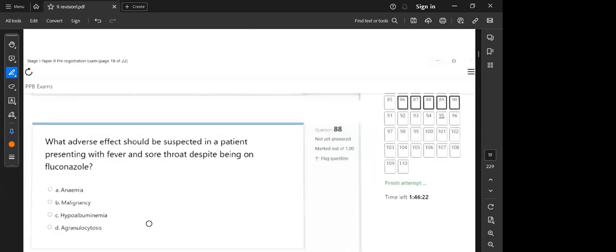Oh, okay. So fluconazole causes granulocytosis. That was a question.